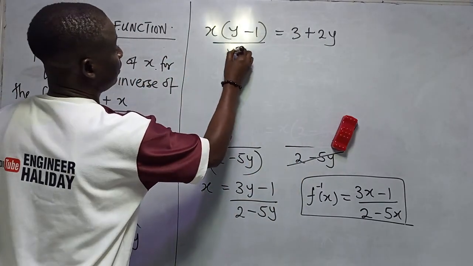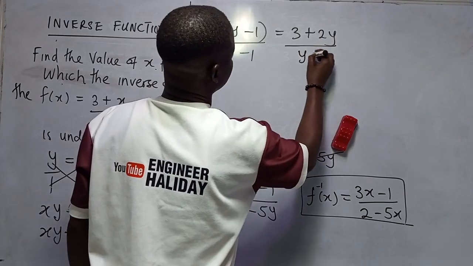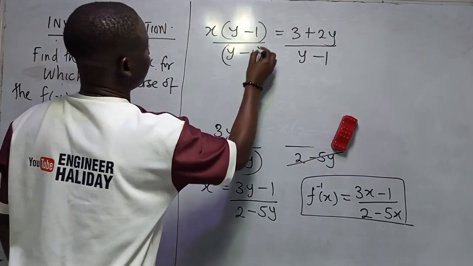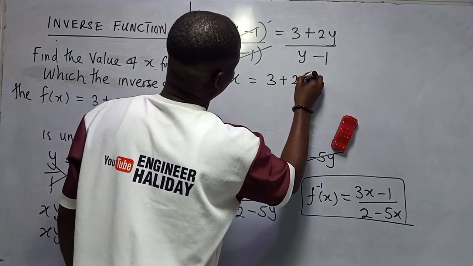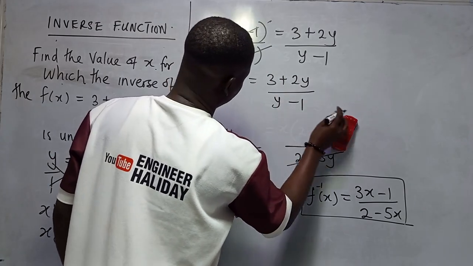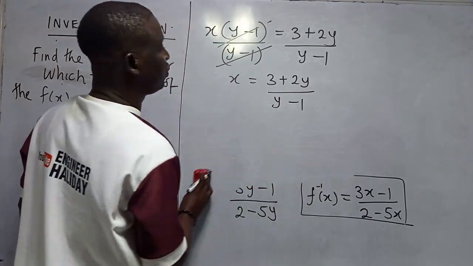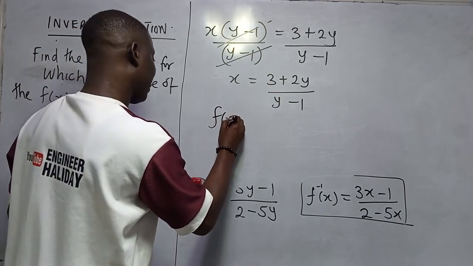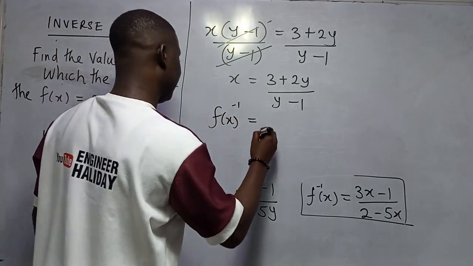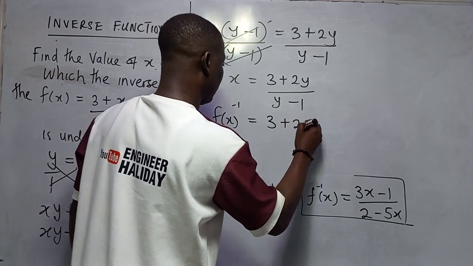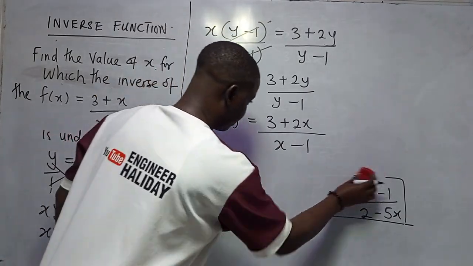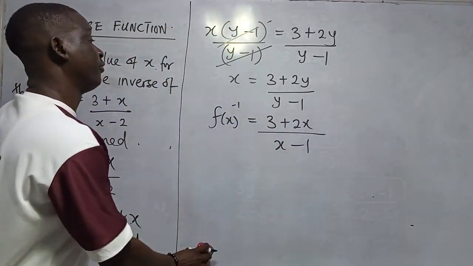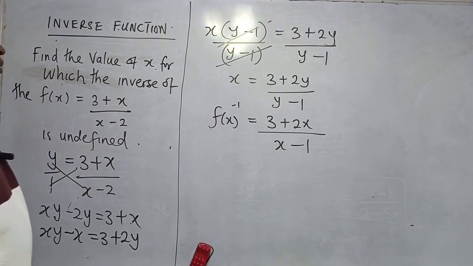Now what do we do? Divide both sides by y minus 1 to make x stand alone. So x now equals 3 plus 2y over y minus 1. So the inverse of this function becomes 3 plus 2x over x minus 1. So this is the new function, the inverse of the function.